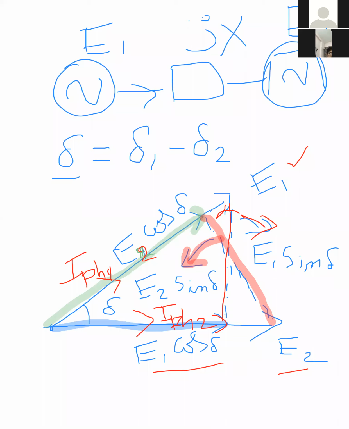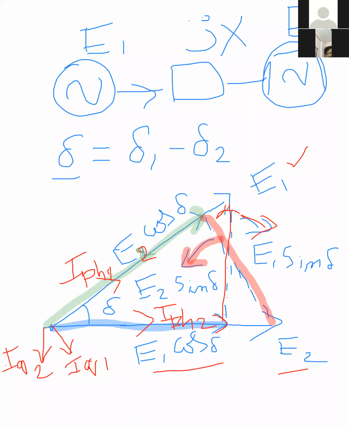And in quadrature, assume this is IQ1, the quadrature current which is perpendicular to E1, and the quadrature current which is perpendicular to E2 is IQ2. Once you calculate the currents IP1, IP2, IQ1, IQ2, then simply multiplying by the voltage gives rise to powers.